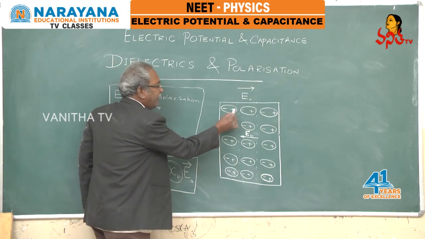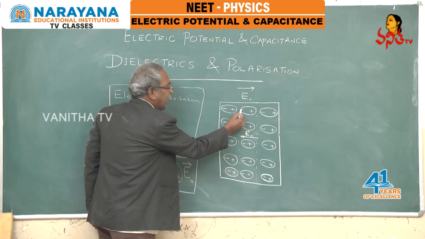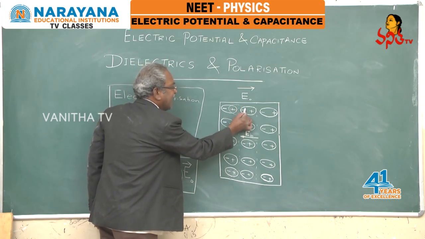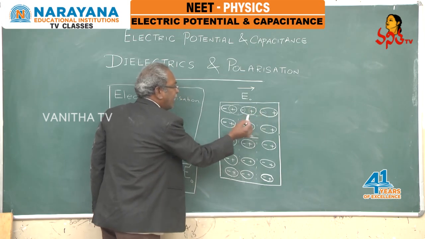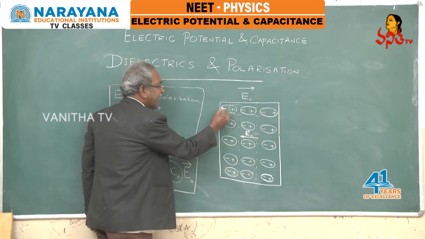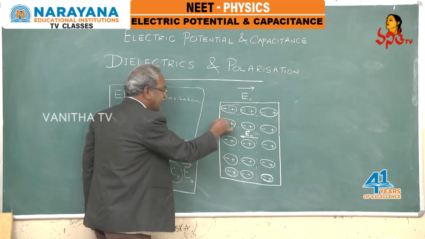For example, the positive charge of this dipole and the negative charge of this dipole will cancel off. Similarly, positive and negative will be cancelled off here. Now finally there will be a net induction of negative charge on this surface.